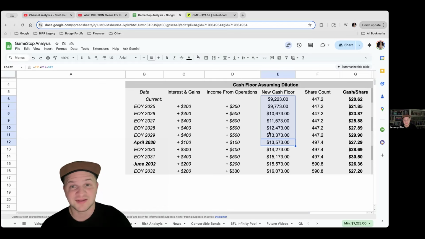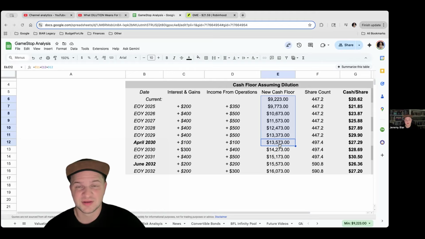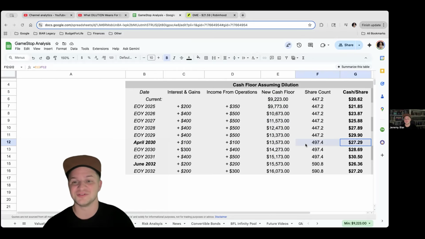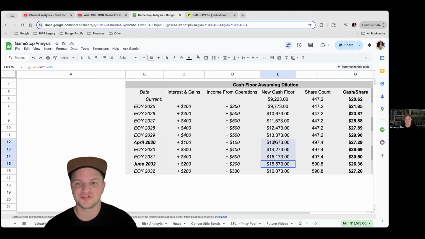They will have made 4.3 billion before they have to hypothetically pay back that 1.5 billion or before that dilution happens, right? And then again, another $2 billion generated before that 2.7 billion is then diluted.